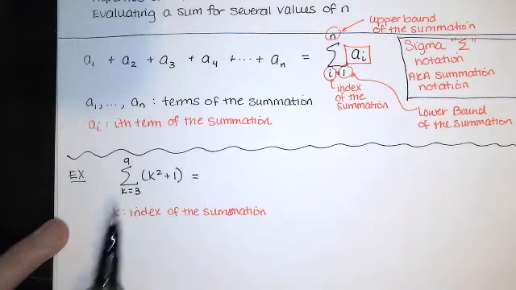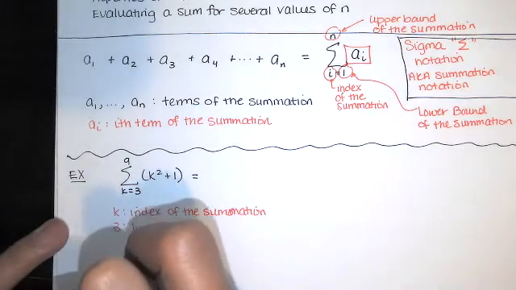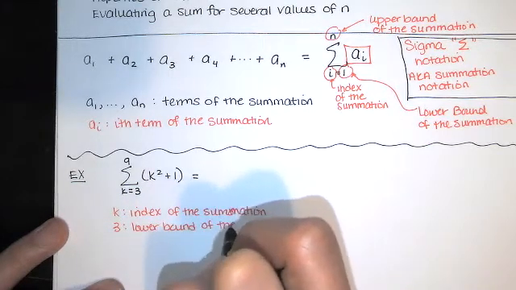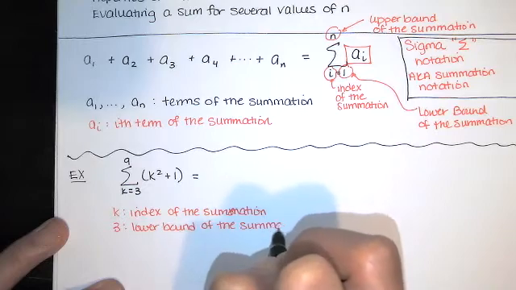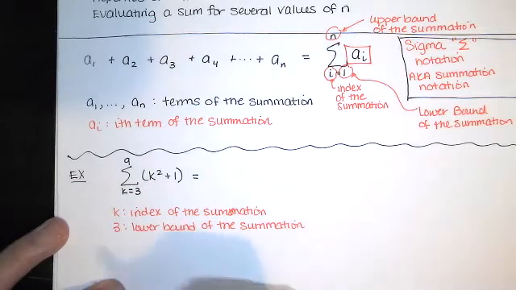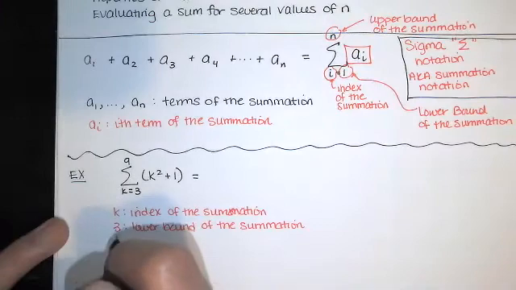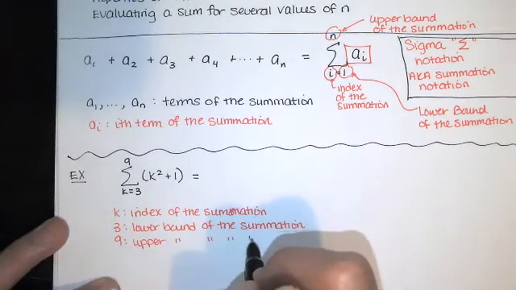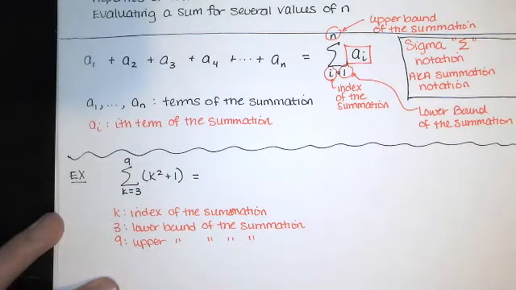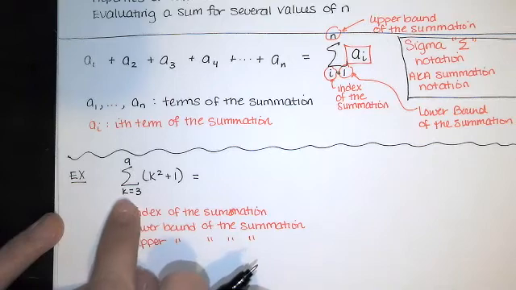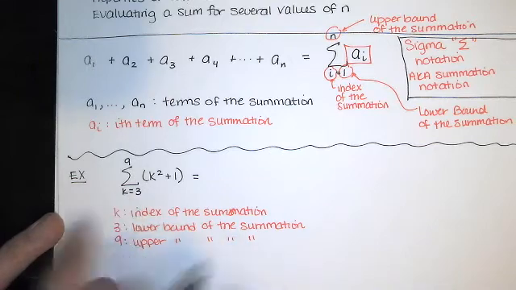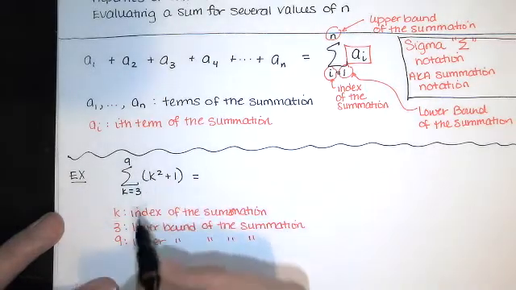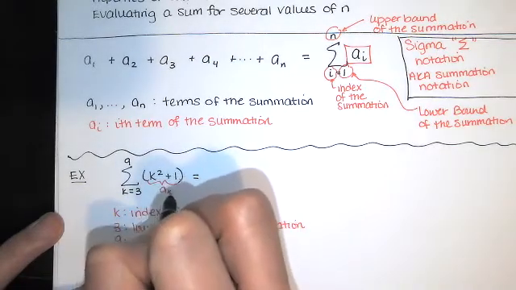The lower bound of the summation is 3. The upper bound of the summation is 9. And the ith term, well, in this case, it's the kth term because our index is k and not i. The kth term is that k squared plus 1. So this we could denote by a sub k.